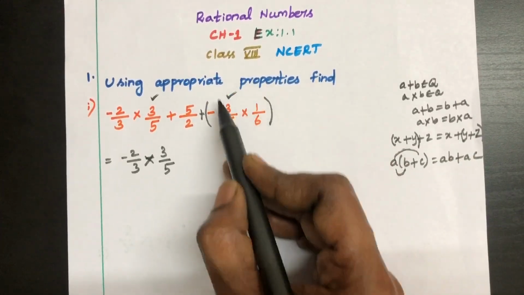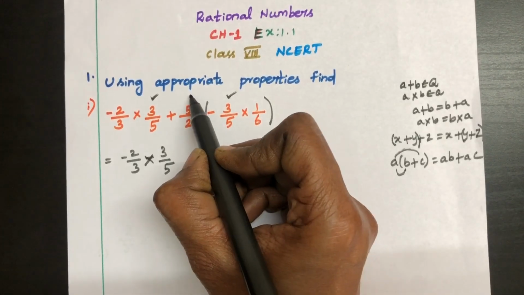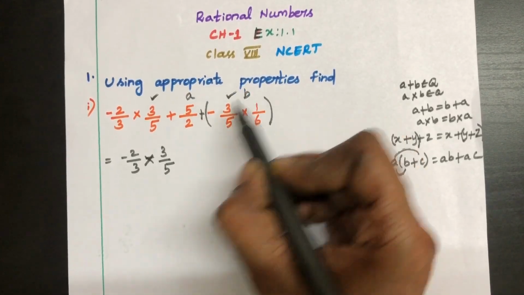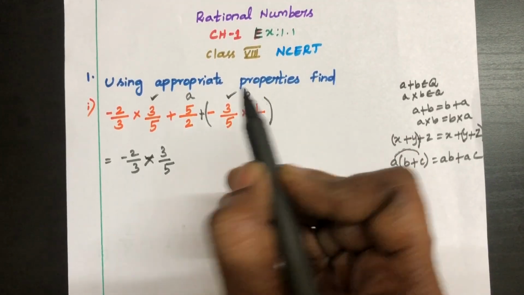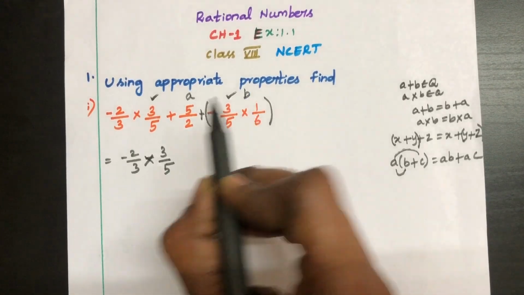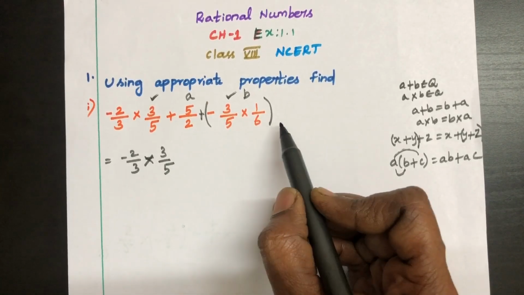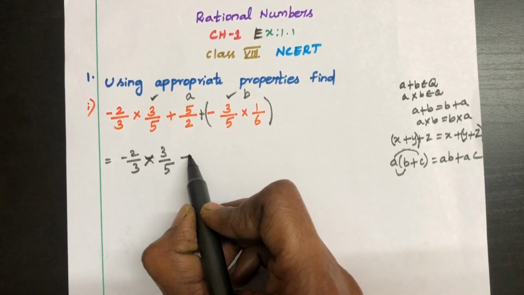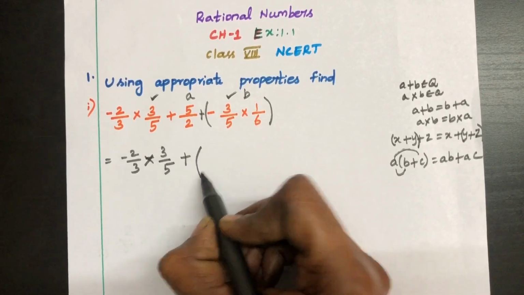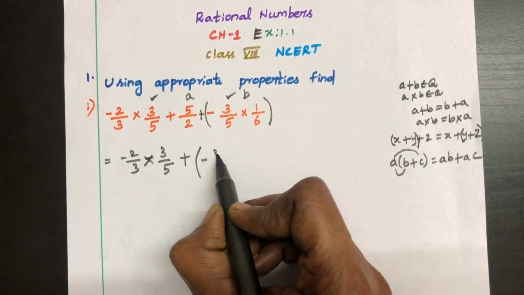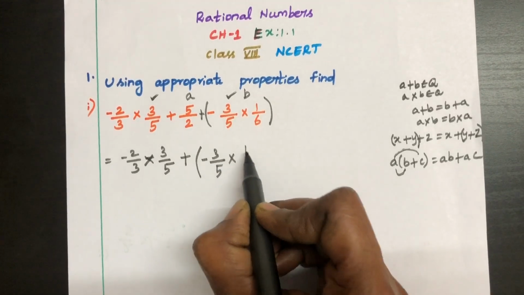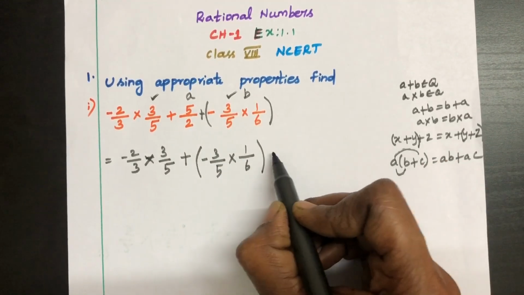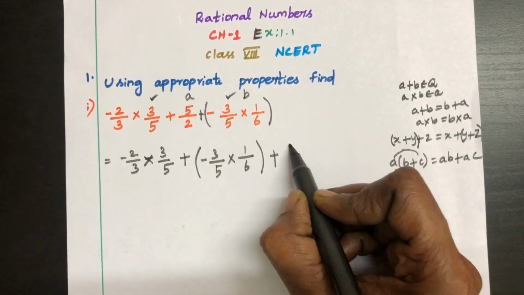So what we are going to do is, think this is A and this is B. A plus B. If you are swapping A plus B as B plus A, what is the property it belongs to? It belongs to the commutative property. So we just have this term B, 3 by 5 into 1 by 6, now plus this 5 by 2, right?